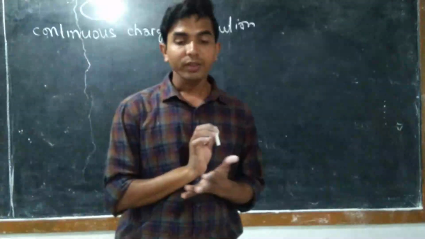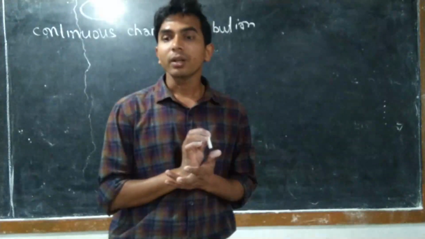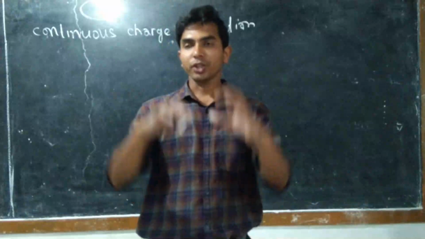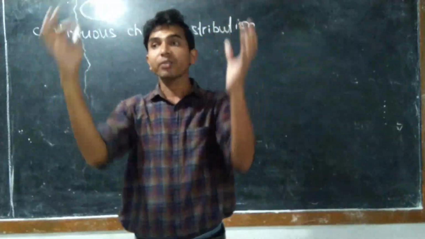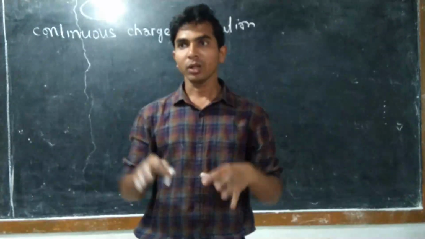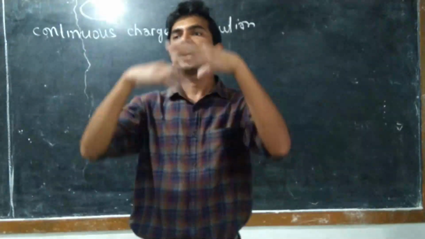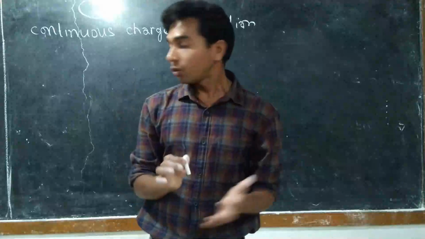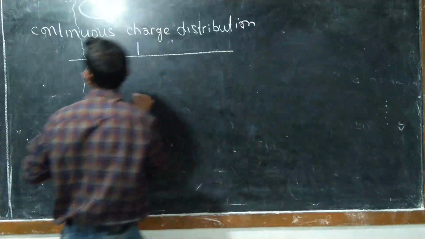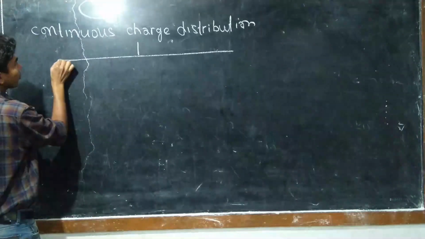One is linear charge distribution, another is surface charge distribution, where charge is distributed over a surface, and the third is volume charge distribution, where charge is distributed in the entire volume.